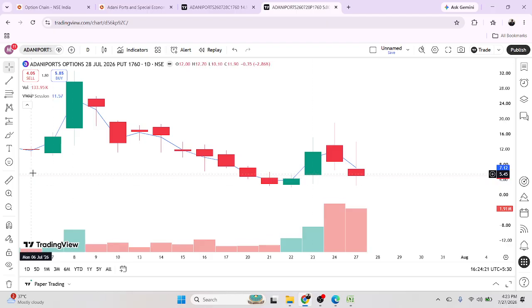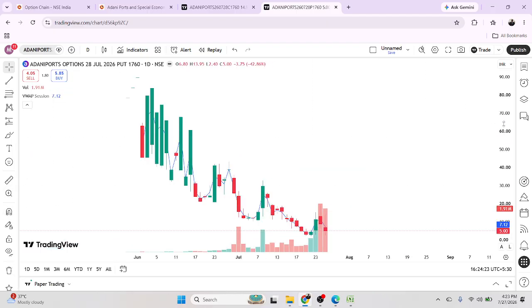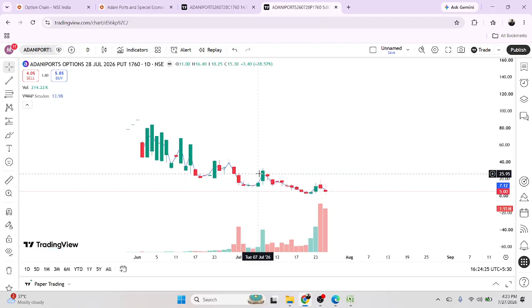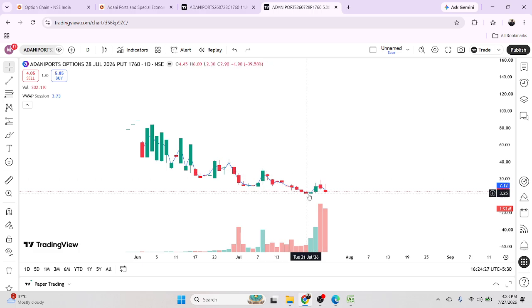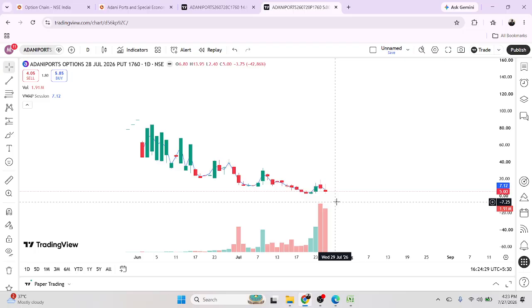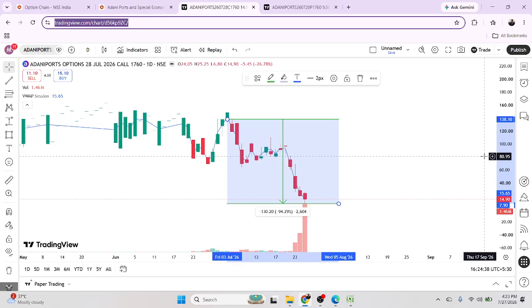So in the entire month, you have seen the price of this strike price is coming in a downward direction. This is just due to the time decay or theta decay. In this way, you can make this strategy.